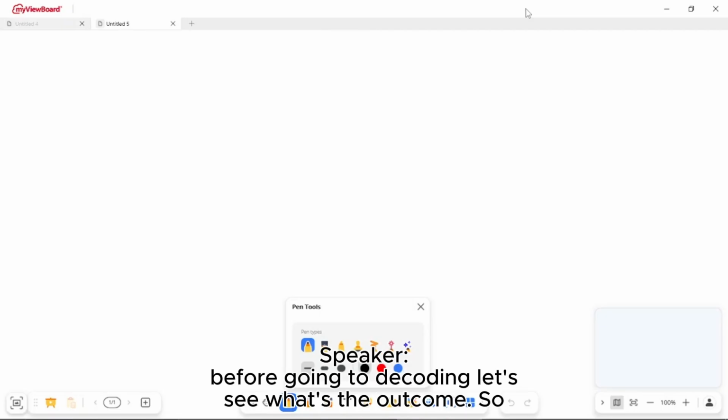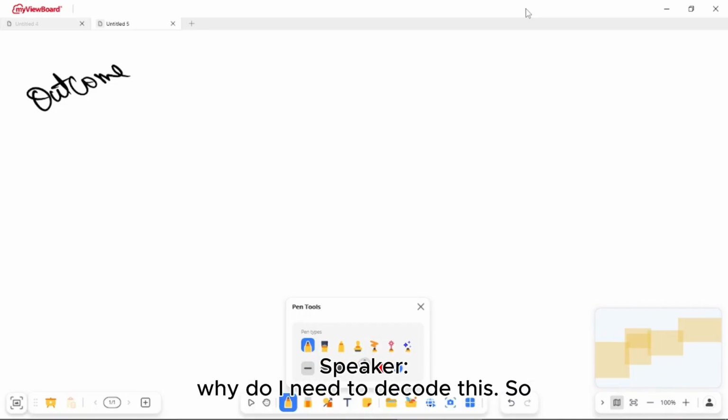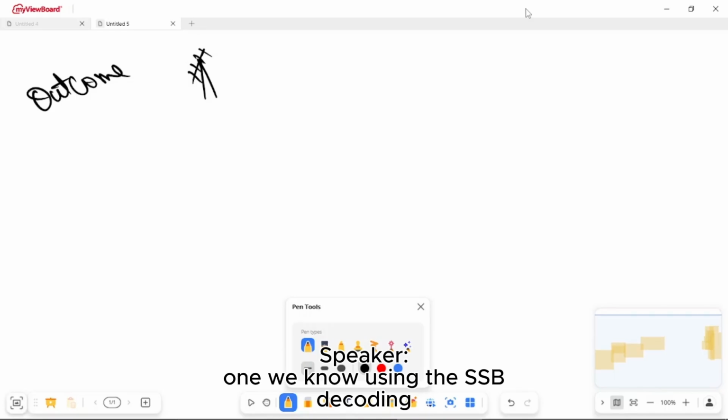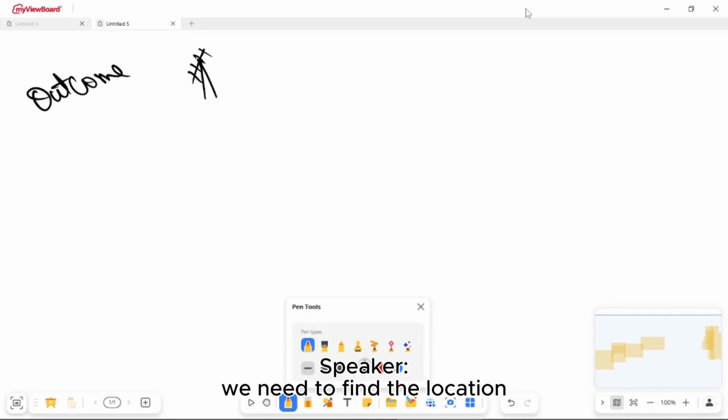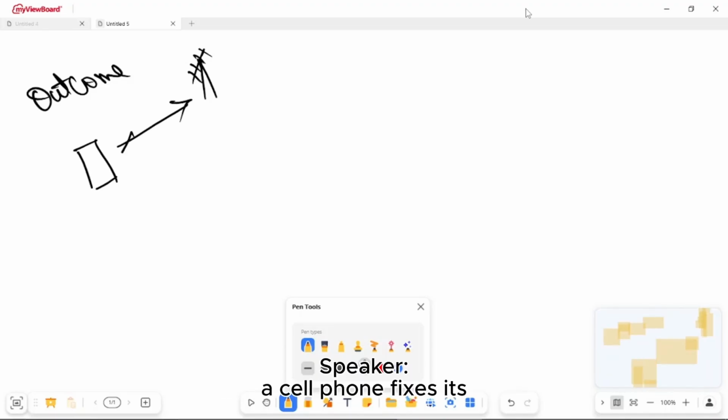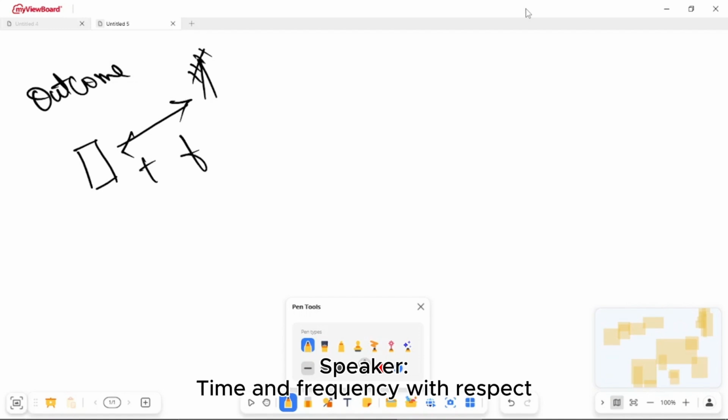Before going to decoding, let's see what the outcome is. Why do I need to decode this? One, using the SSB decoding we find the location of the cell phone tower, but also using this SSB information, a cell phone fixes its time and frequency with respect to the radio tower for further communication.